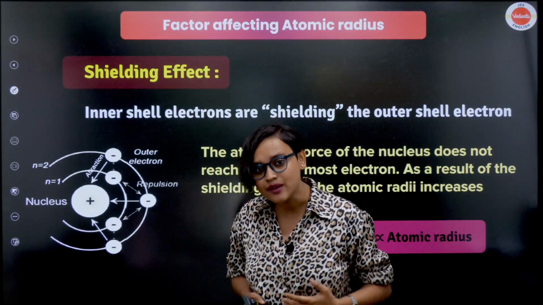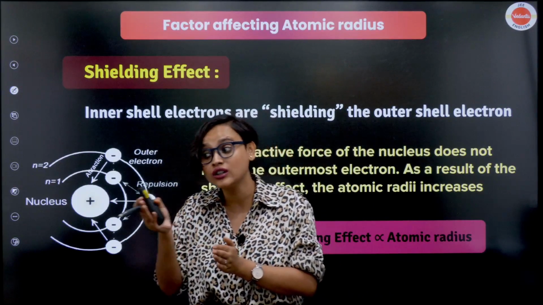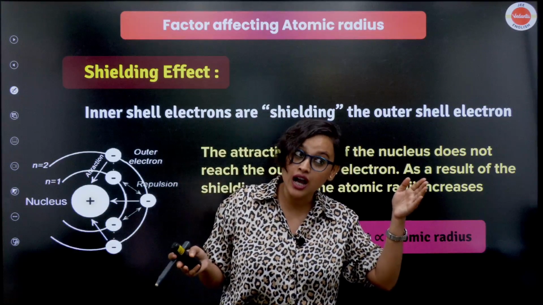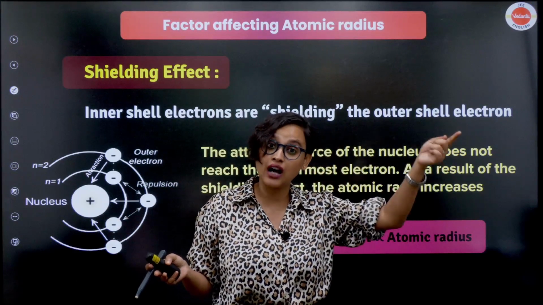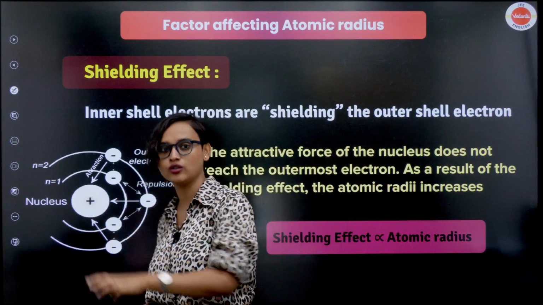Yes, so that's the same thing. The inner electrons act like a curtain. They don't allow the nucleus to look at the outermost electrons, and they don't allow the outermost electron to look at the nucleus.